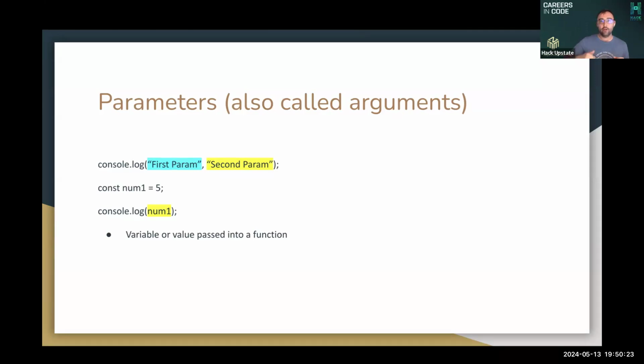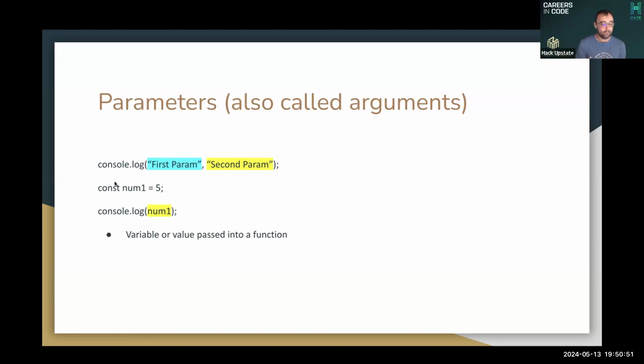It's basically the way to provide input and have the same code run over and over again with different inputs so that we get the expected output. So the first parameter is just whatever comes between the parentheses here, and then a comma for any subsequent parameters. We can have any number of parameters as long as the function is expecting those parameters to get passed in.